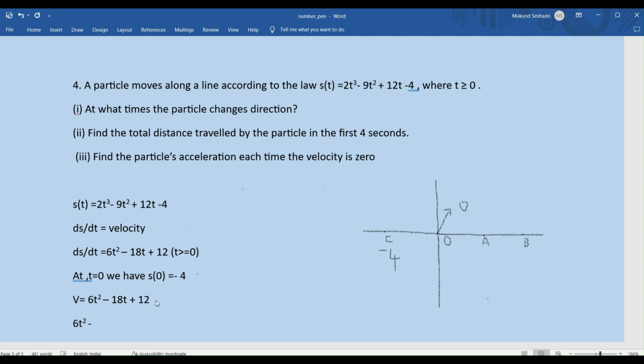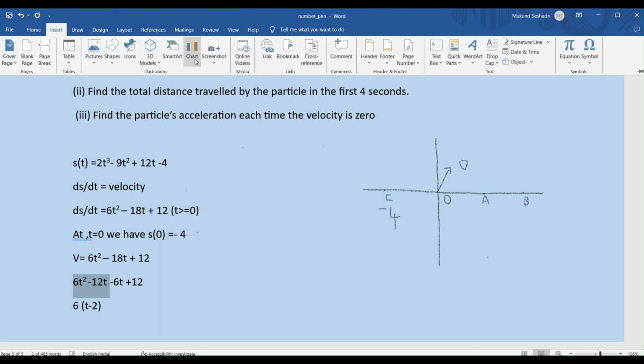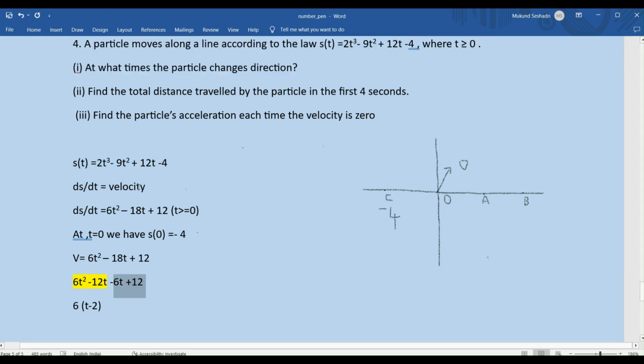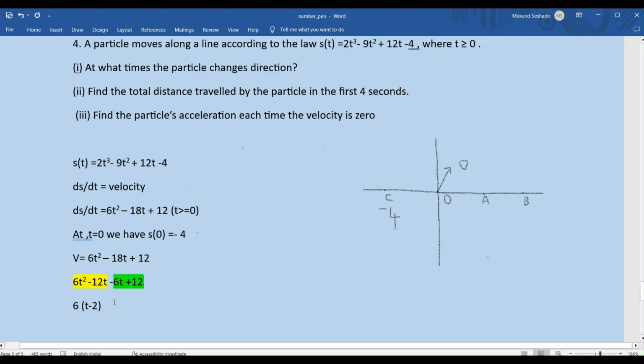Let me try factorizing this. I can represent 18t as 12t plus 6t, which is nothing but your 18t again. Let me factor this. I pull out 6. I combine these two terms, and then I combine these two as well, and I factor.